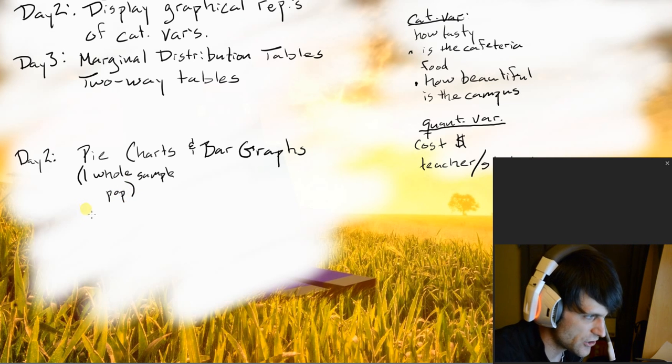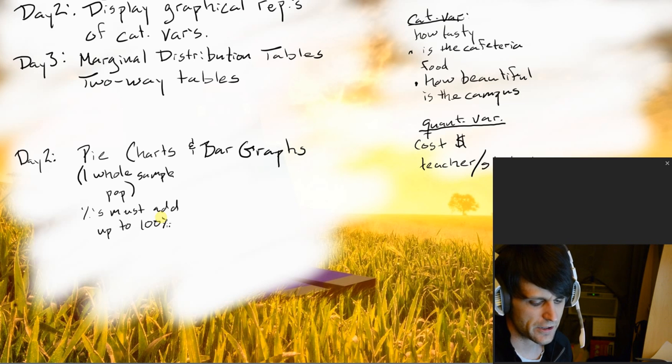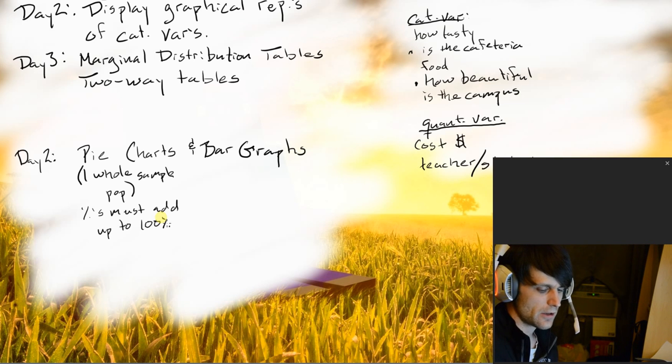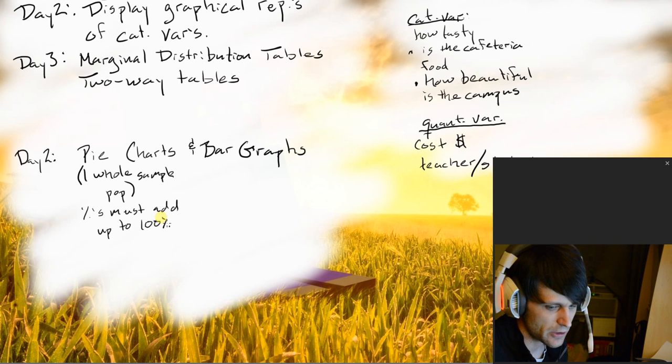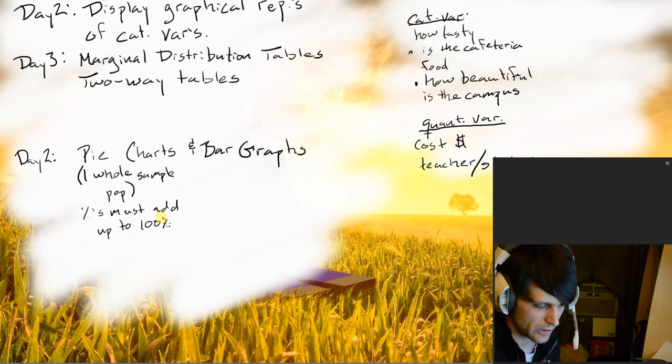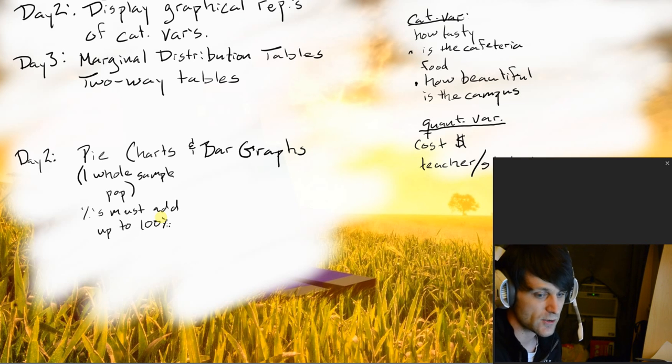And our percentages must add up to 100%. So the data that is usually going to be displayed in a pie chart is going to be represented by percentages. Don't have to be, but most of the time it will be. And of course the whole pie represents one whole, or 100%.